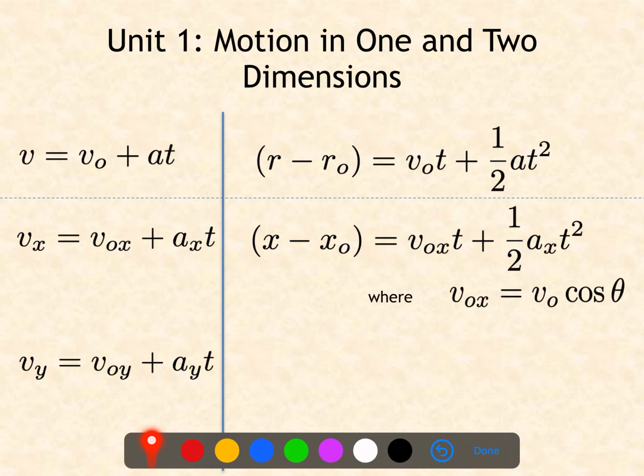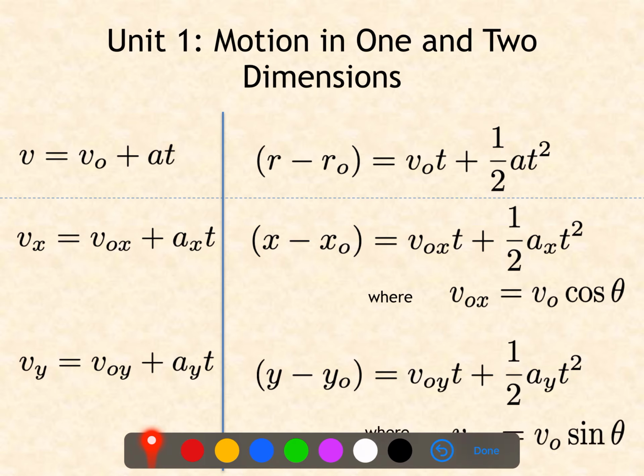Now, by the way, this horizontal component to your velocity, and this goes for this equation and this equation, it's going to be able to be figured out based on the idea of resolving a vector into its components. V naught times cosine theta will give you the x component of that velocity.